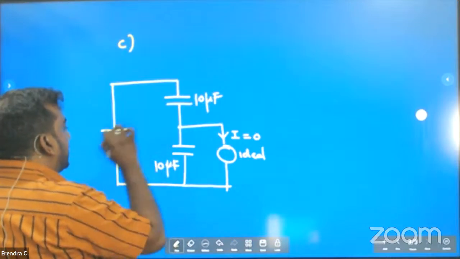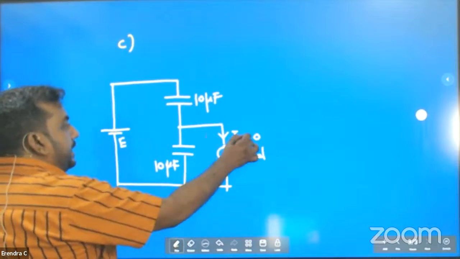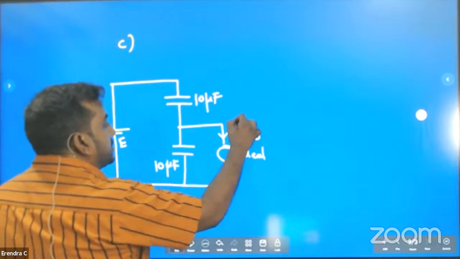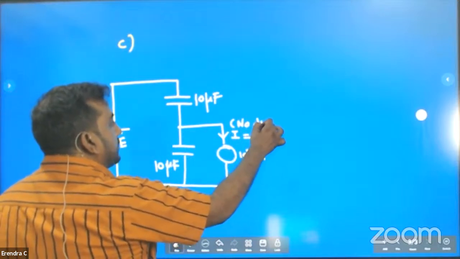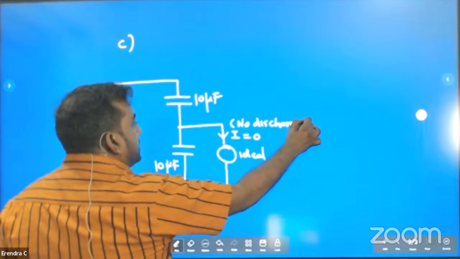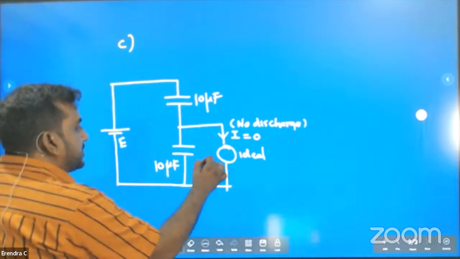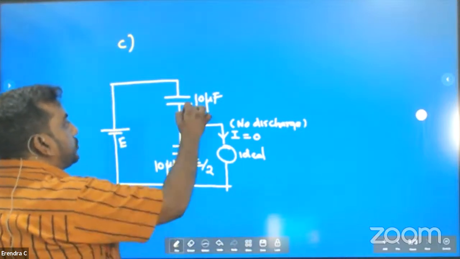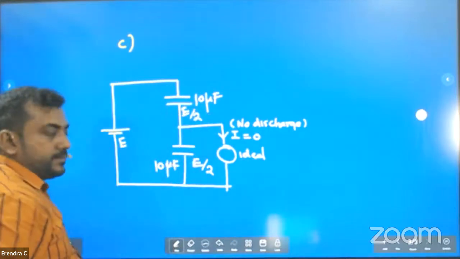Just like in circuit number 1. Here current is 0 means no discharge. No discharge means what? Voltage reading? E divided by 2.